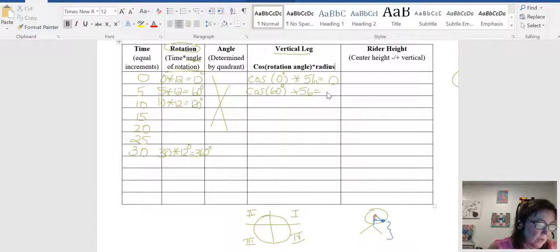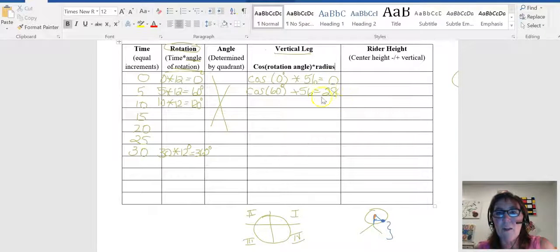So the cosine of 60 times 56 gives me a height of 28. That's how far my vertical leg is. Then I continue this process all the way down until I get to the cosine of 360 times 56, which will also be equal to 0.